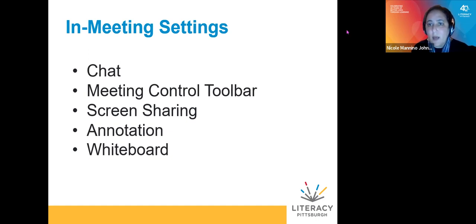Another thing to keep in mind, once you've set up your account with the settings you like, maybe you try something and it doesn't work the way you thought, you can always go back and change it back and fine tune what works best for you and your students and your situation.